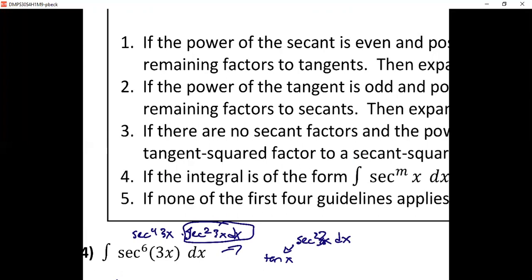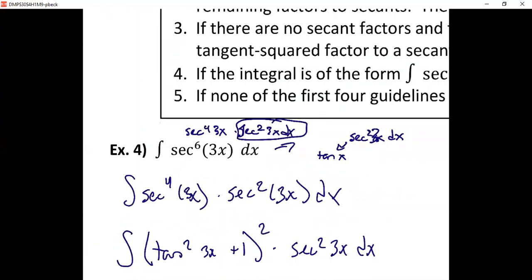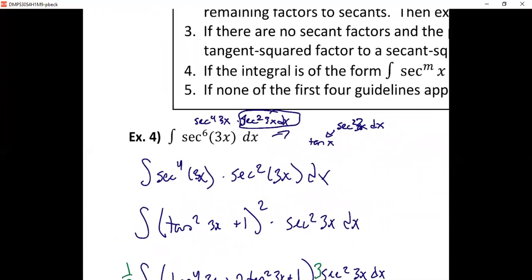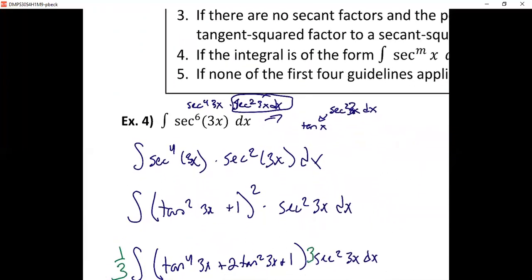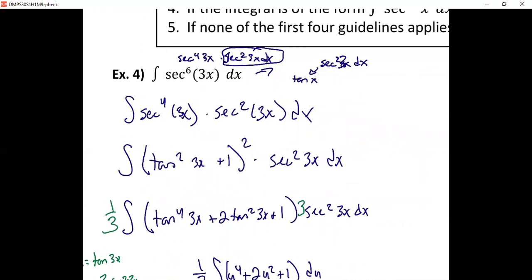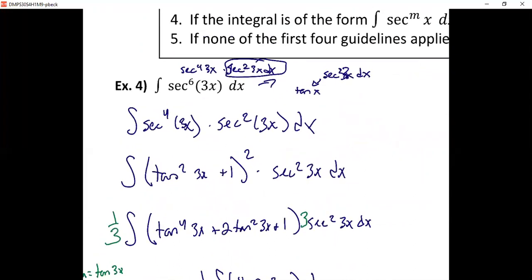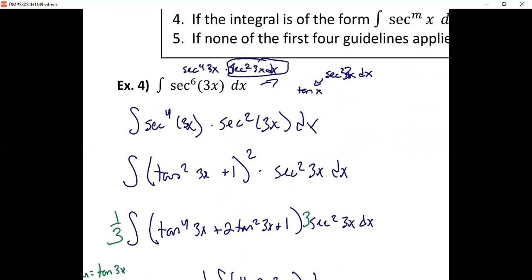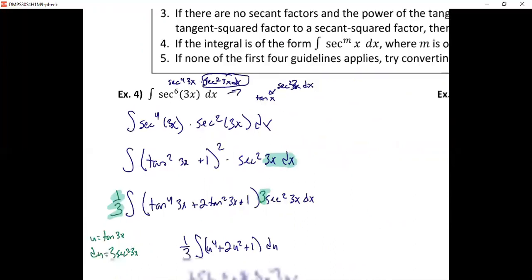So that's our goal, which means we need everything else in terms of tangent. Well, is there a way of taking secant to the fourth into tangents? Why, yes, there is. What we could do is say that's tangent of 3x squared plus 1, squared. And then I went ahead and FOILed it out, and I also brought out the chain. So if I have secant squared of 3x dx, that derivative is really 3 dx, so I wrote out the 1/3 as well.